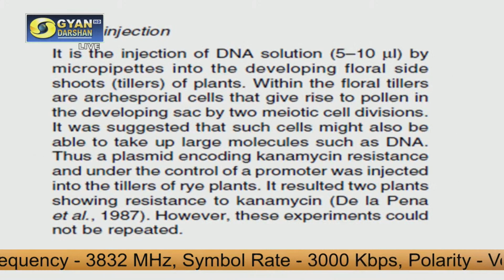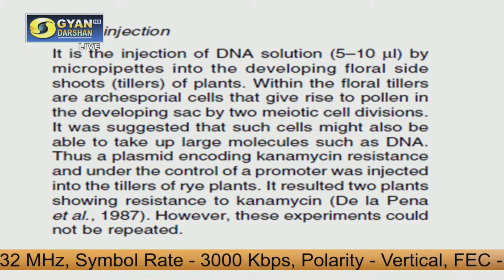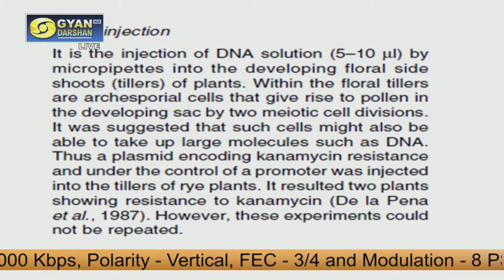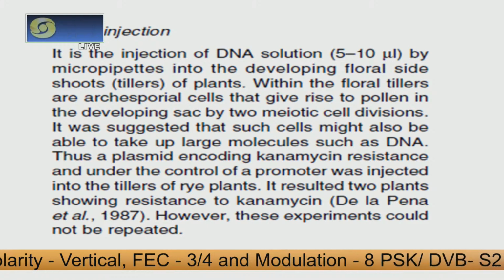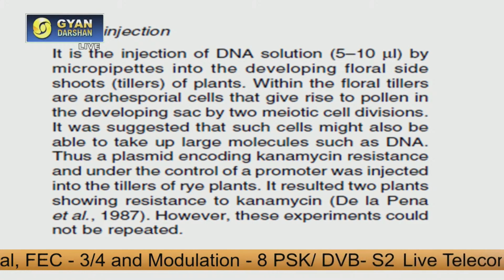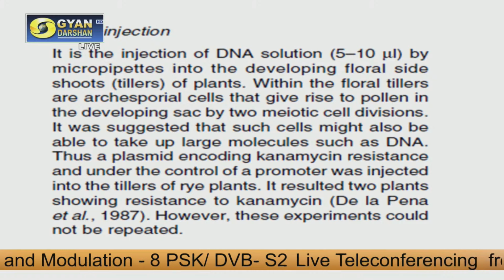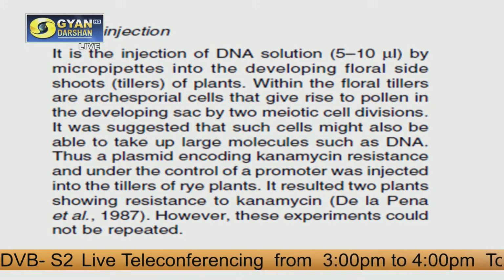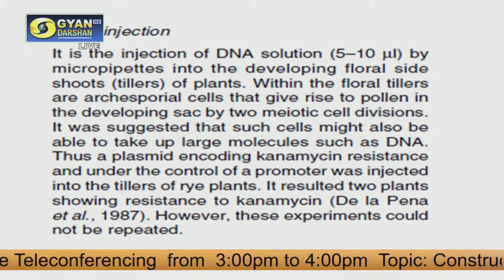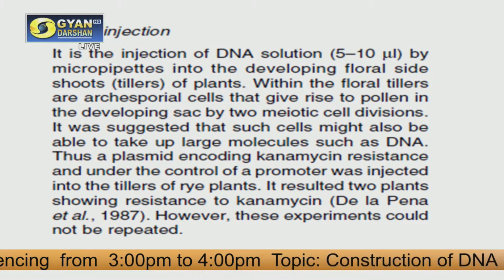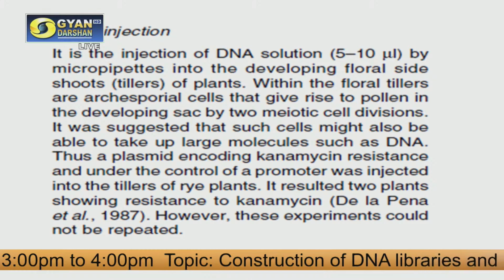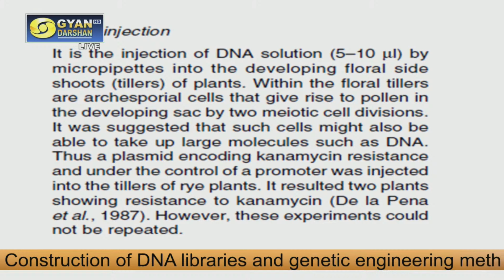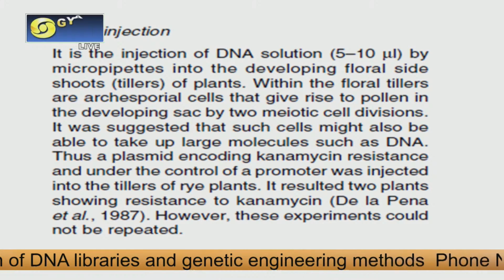Now some of the other procedures that we use, which will come under number 2, is macro injection. It is the injection of DNA solution by micropipettes into the developing floral side shoots of plants. Within the floral tillers, there are archesporial cells that give rise to pollen in the developing sac by 2 meiotic cell divisions. Such cells might also be able to take up large molecules such as DNA.